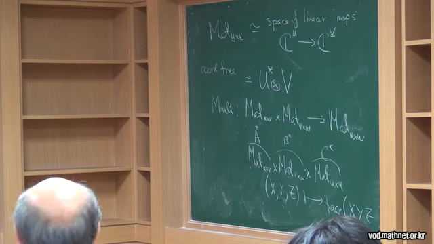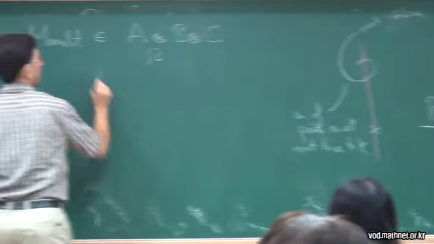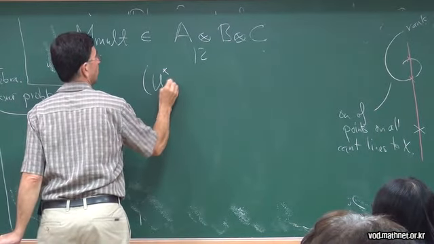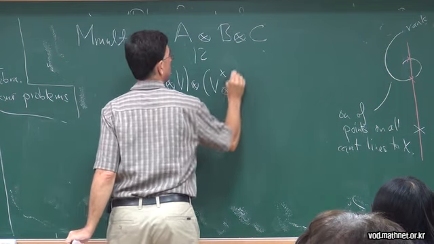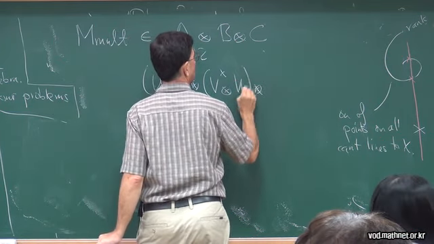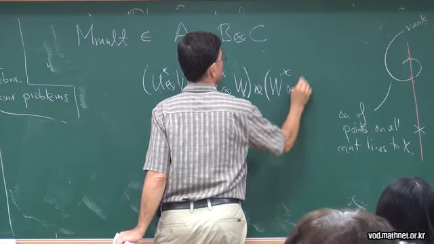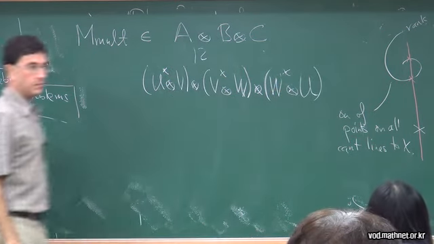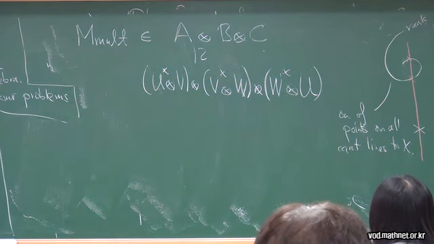So matrix multiplication is some point inside A tensor B tensor C, which I can identify with U star tensor V star tensor W, tensor W star tensor U. So it's some point in that space.